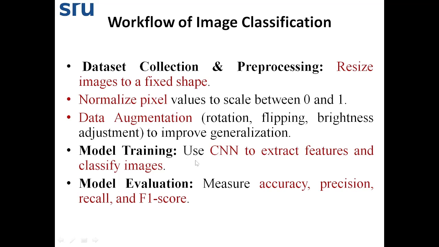Model training uses CNN to extract features and classify images. Then we have model evaluation. It measures accuracy, precision, recall and F1 score. Basically, in classification, we use different error metrics. First ones are precision, recall and F1 score.